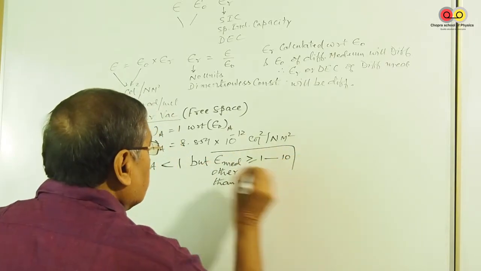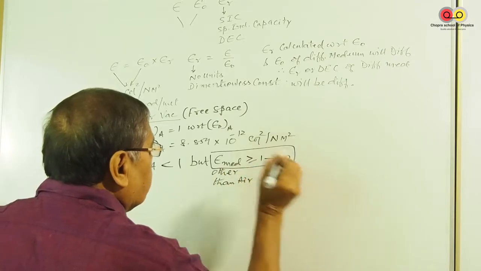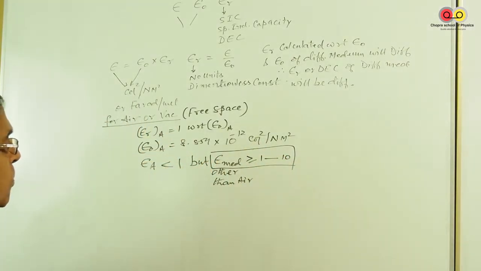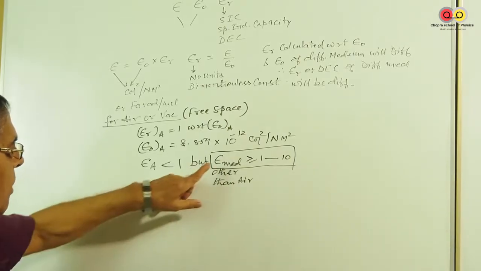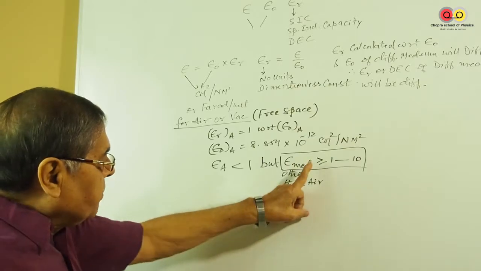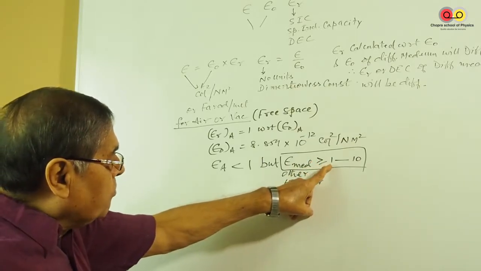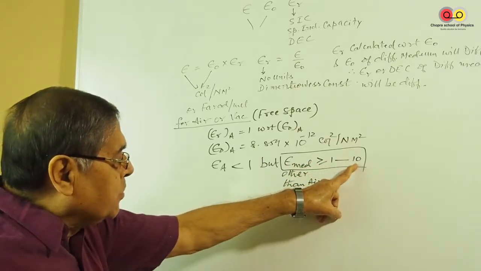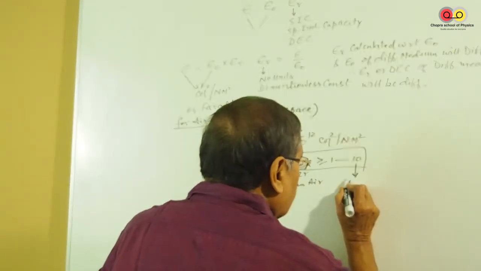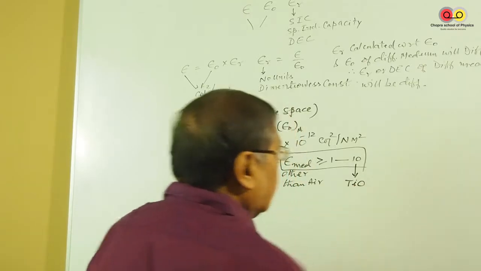So this is the point to remember for most of the questions, because these fundamentals are not given for the solution of numerical problems. Permittivity of a medium other than air is greater than or equal to 1, maximum varying up to 10. And 10 stands for titanium oxide.